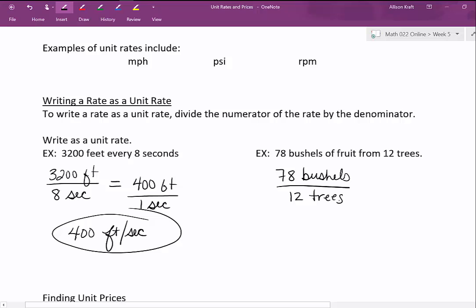To get the unit rate, we're going to divide. 78 divided by 12 gives us 6.5 bushels per one tree, which we can write as 6.5 bushels per tree.